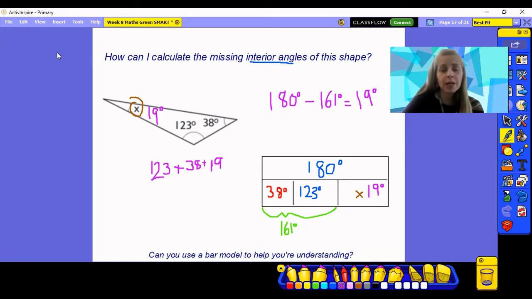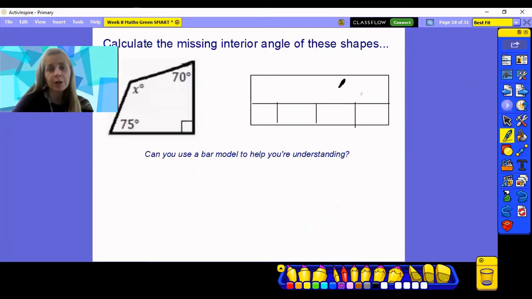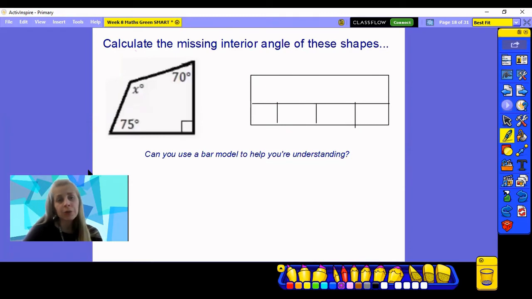Now we can use some further knowledge about quadrilaterals and also some of the missing angle work that we've done previously. If we have a look here, you can see that we're dealing with a quadrilateral, and with interior angles, so the angles within this closed polygon.